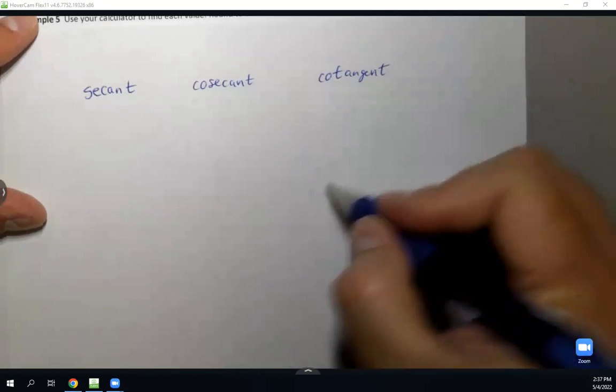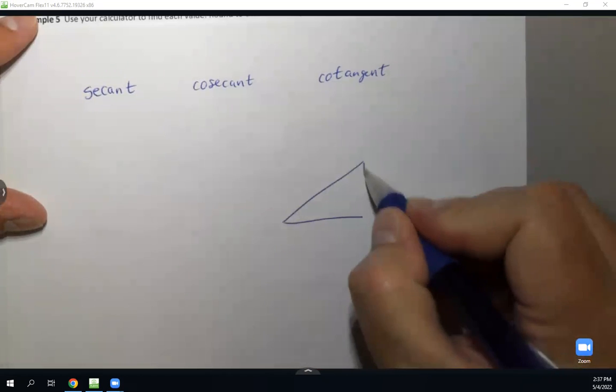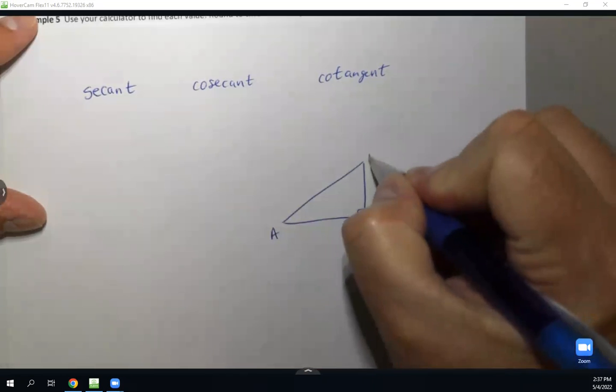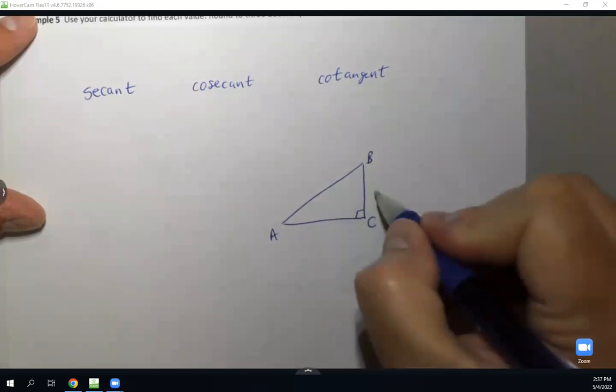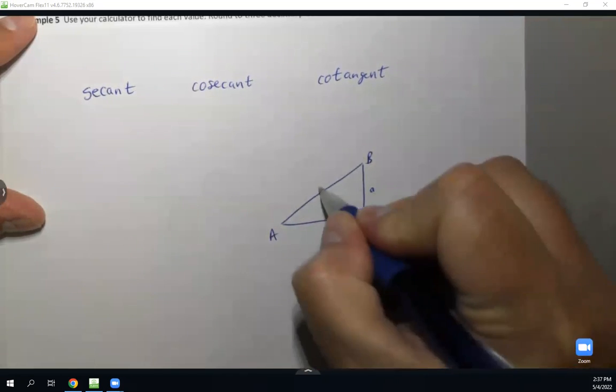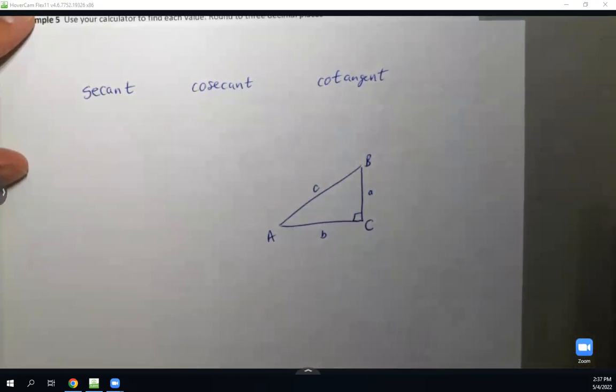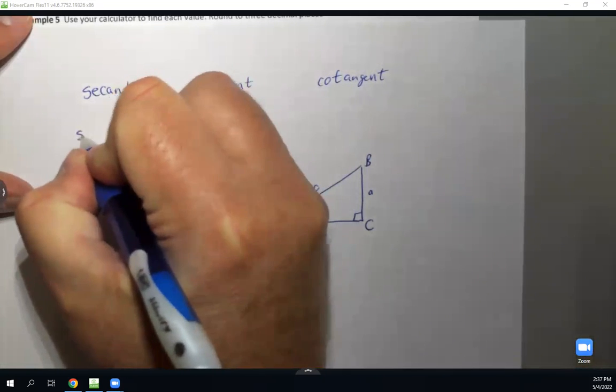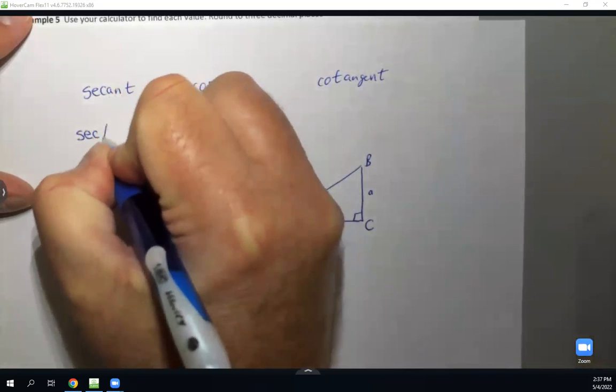Okay, so if you have your right angle here, so like if this is A, this is B, this is C, so this is side A, side B, side C, okay? If I do the secant of A, for example, first of all, that's abbreviated SEC.